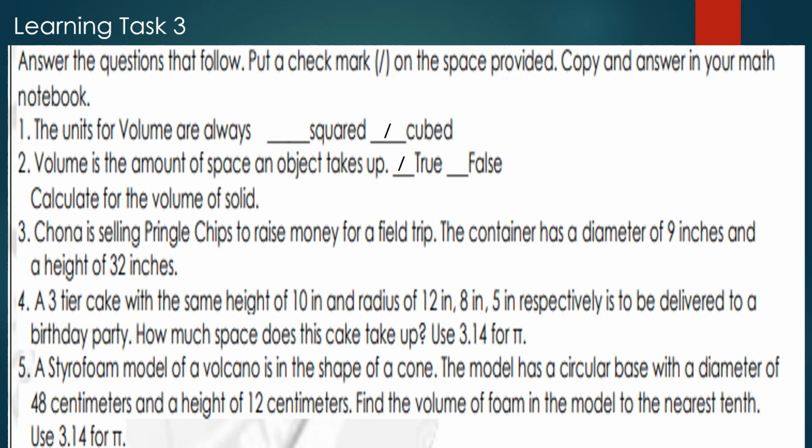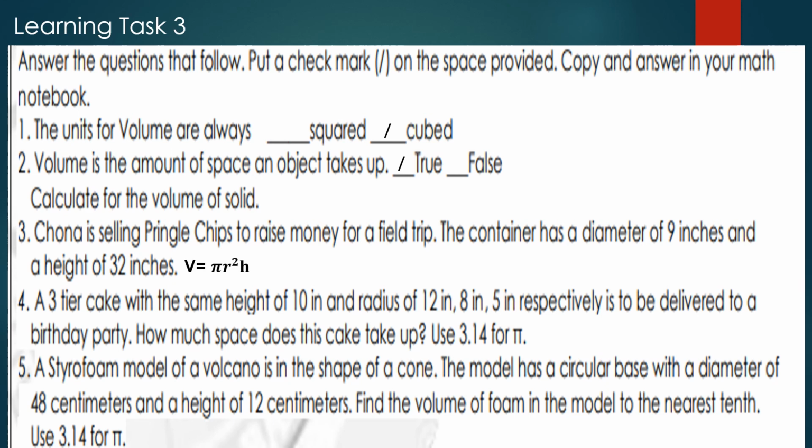Calculate for the volume of solid. So, iyan natin to number 3. Jonah is selling Pringle chips to raise money for a field trip. The container has a diameter of 9 inches and a height of 32 inches. Ano muna itsura nung lagayan ng chips ng container? So, yun ay cylinder. Kaya meron siyang diameter. Since diameter ang ginamit, gagawin natin itong radius. Paano? Hahatiin natin yung 9 para maging radius.